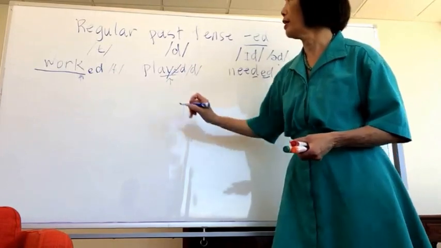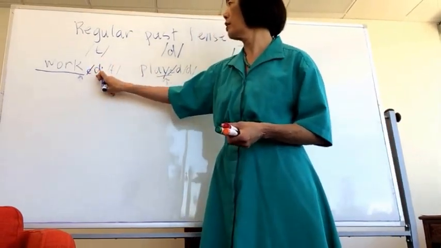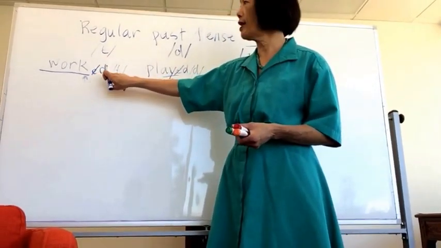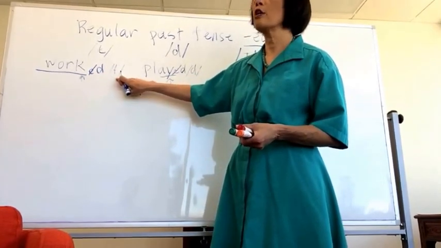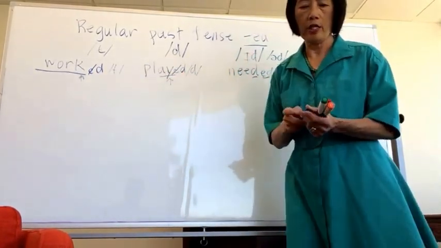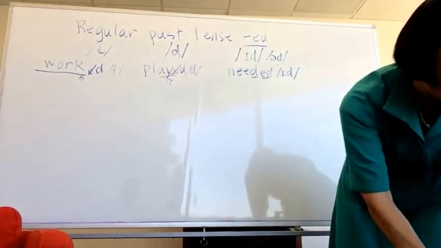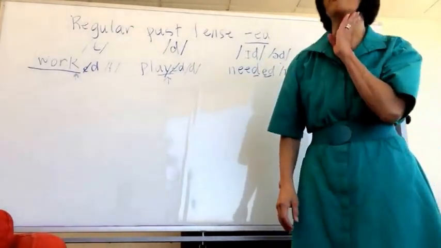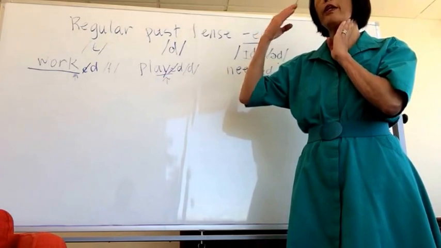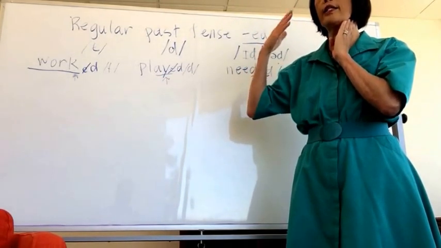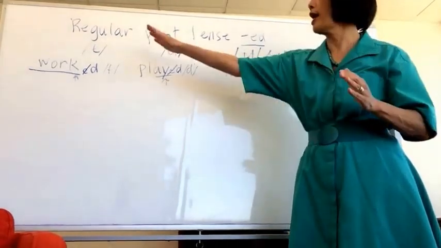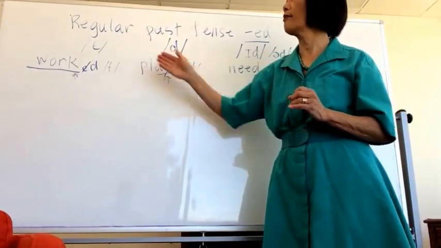It's a silent e. Also for work, t, this e is not pronounced, and this sound here becomes t because this is voiceless. So we remember that the voiceless and voiced sounds are important to feel or sense in order for us to know how it sounds when we have ed on it.